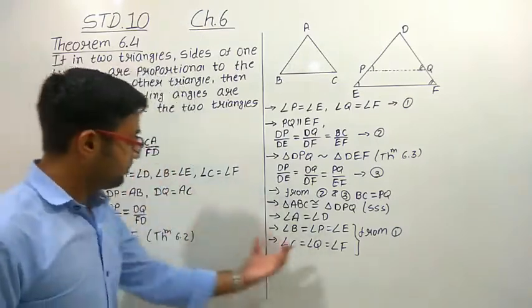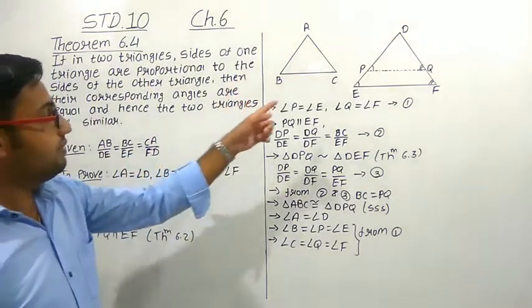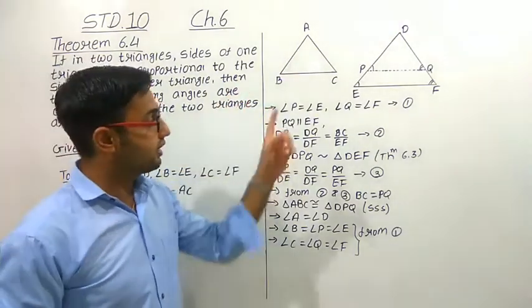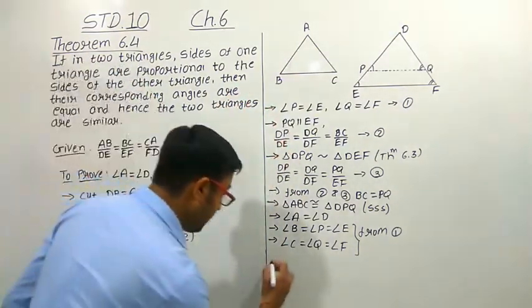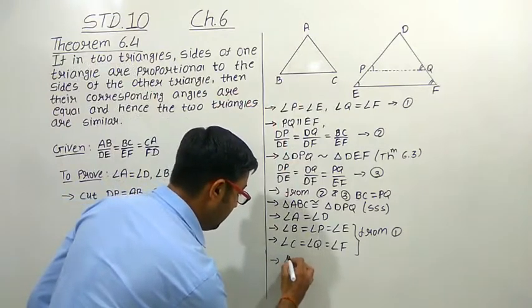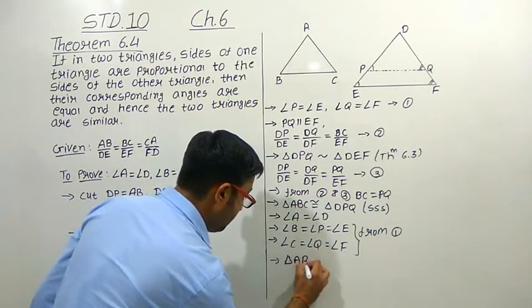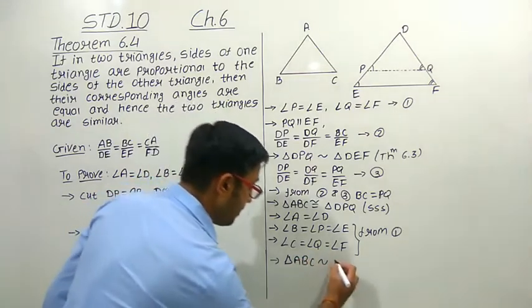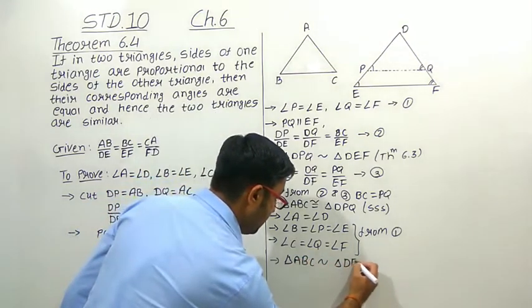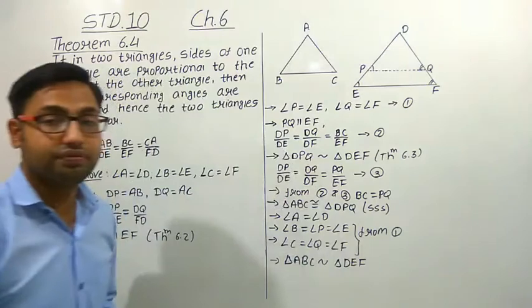So from these two conditions we can say that triangle ABC is similar to triangle DEF.